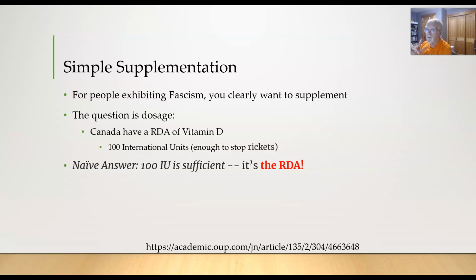Not necessarily to stop fascism, but rickets. The naive answer, which often is what ends up being handed out to patients, is 100 IU is sufficient. It's the RDA. What more could you possibly need? I mean, let's face it, that's the RDA.